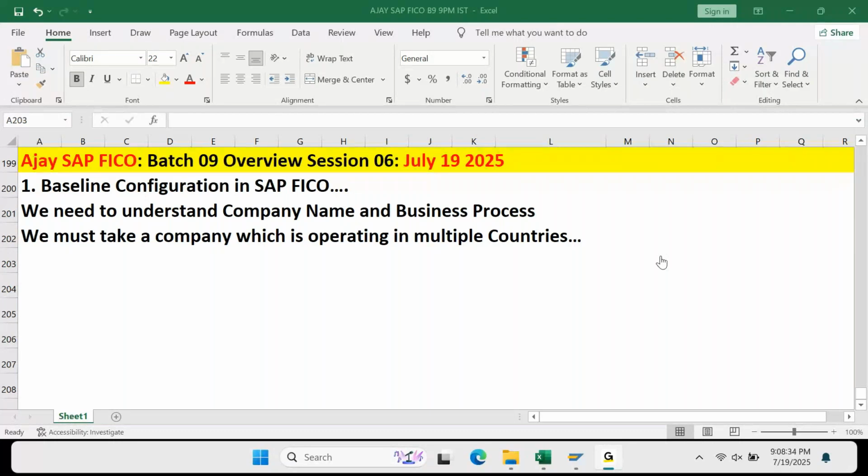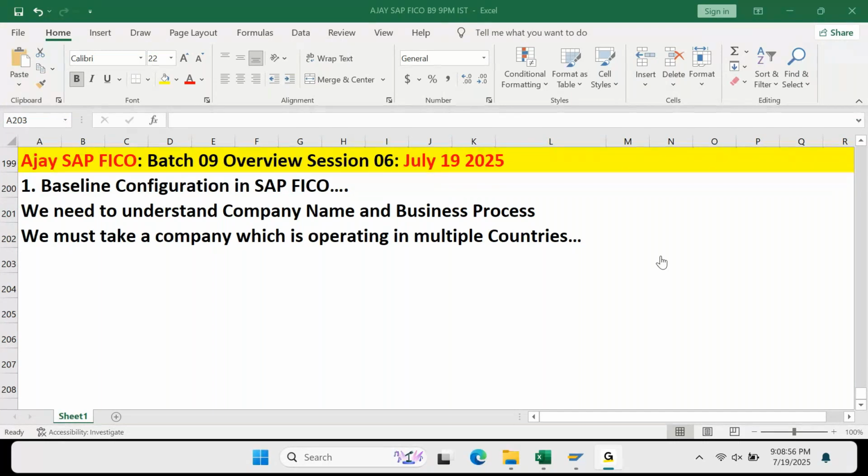Once you take these companies, first understand, if I take Honda Motors, what is the business process of a Honda motor car business? Honda Motors is dealing with cars.